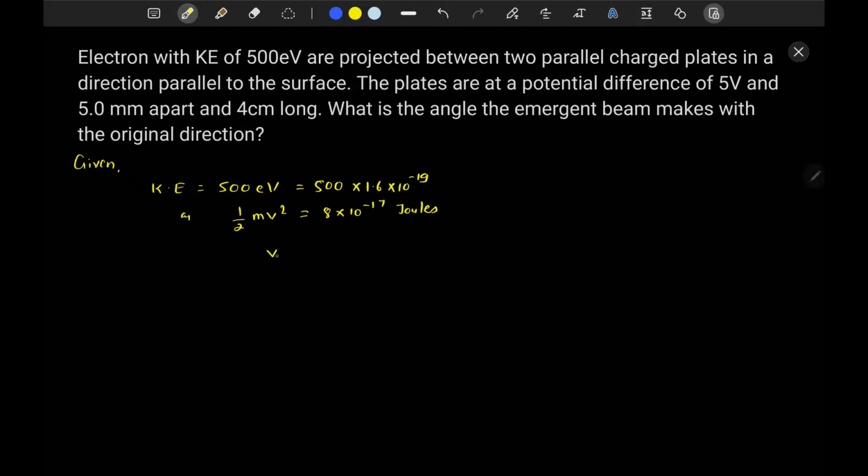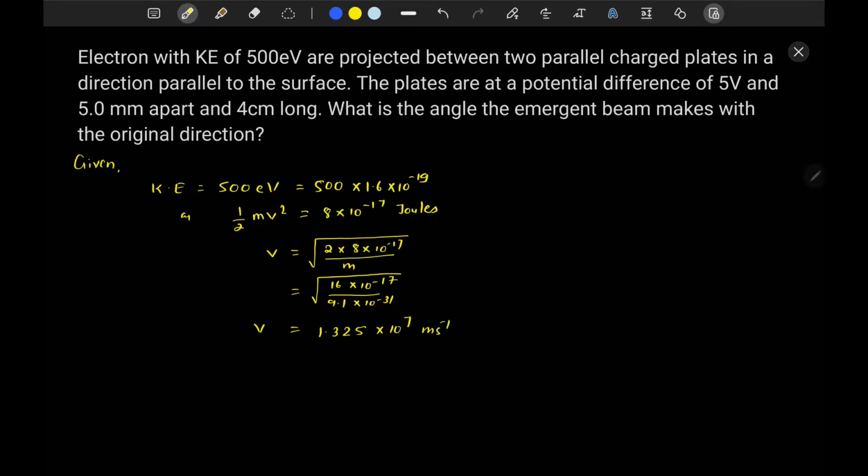So the velocity of the electron will be equal to root of 2 into 8 into 10 power minus 17 by m, mass of electron, 16 into 10 power minus 17 by 9.1 into 10 power minus 31, and this comes to 1.325 into 10 power 7 meter per second.